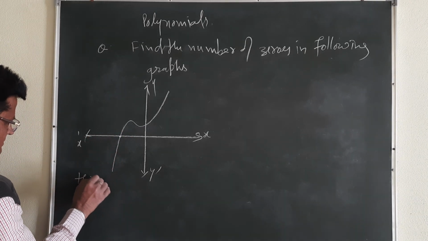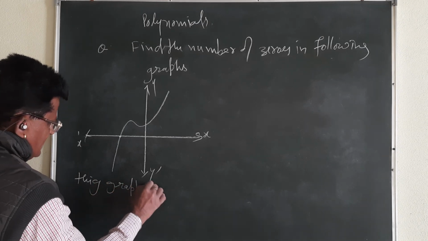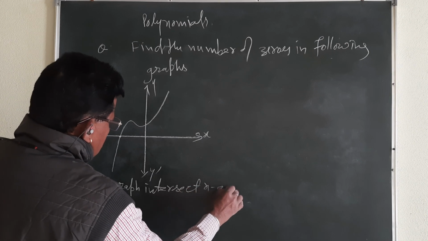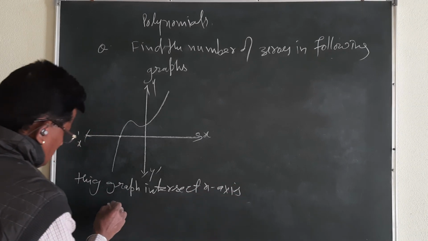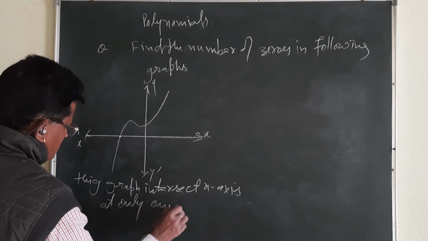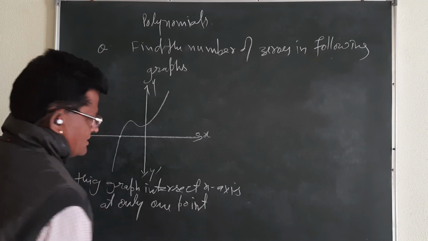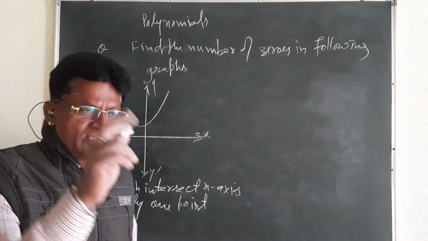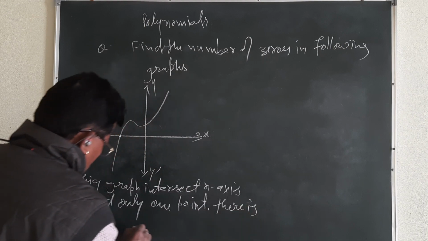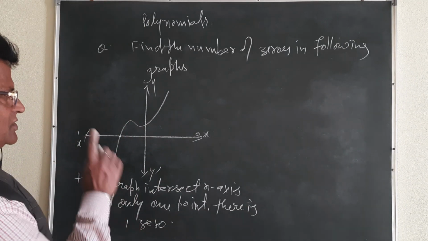This graph intersects the x-axis at only one point. So, how many zeros are there? There is only one zero.